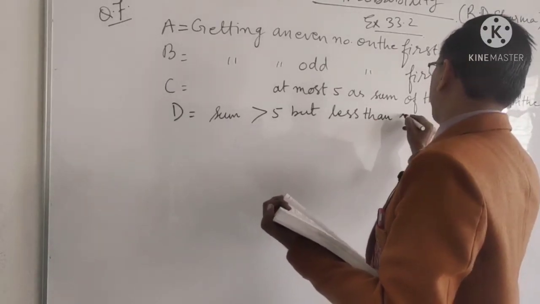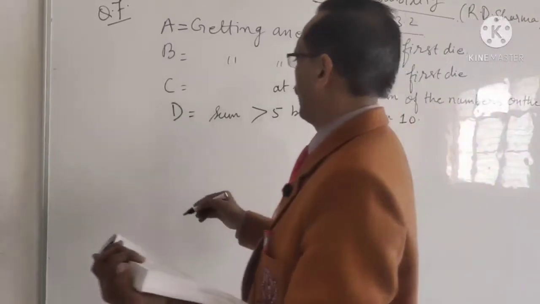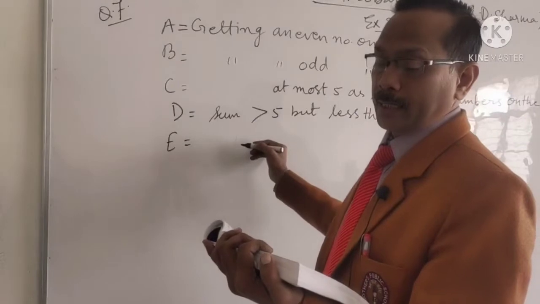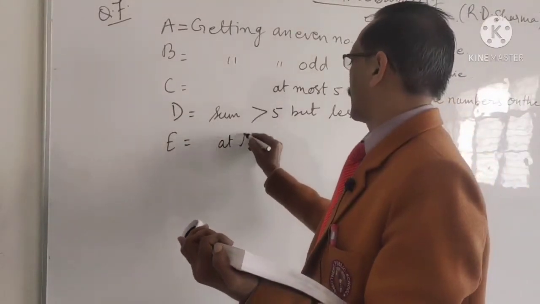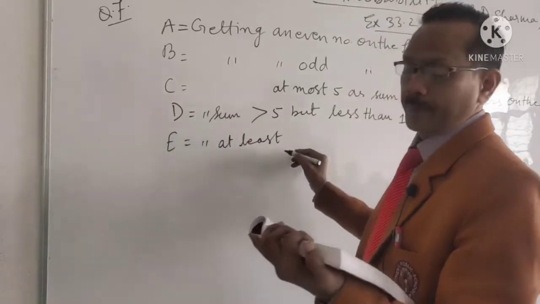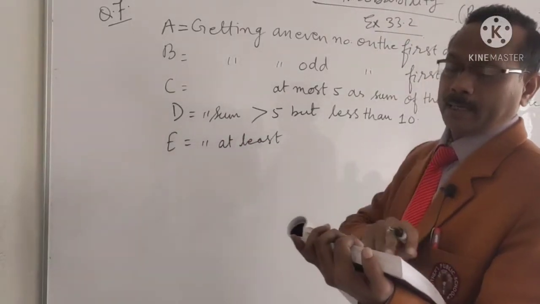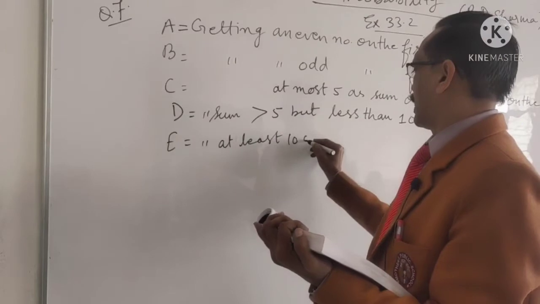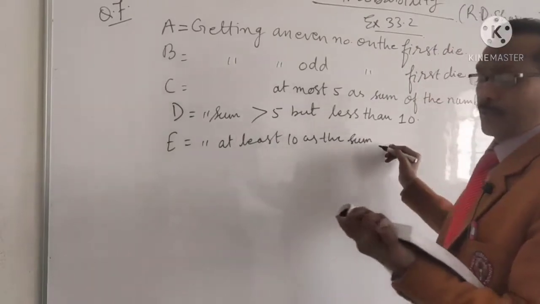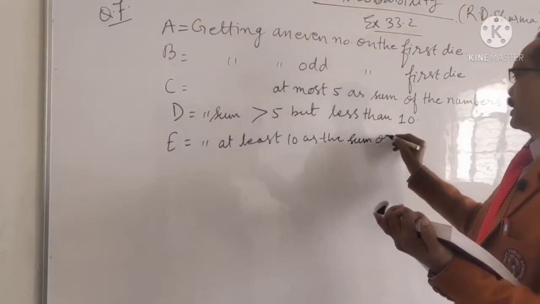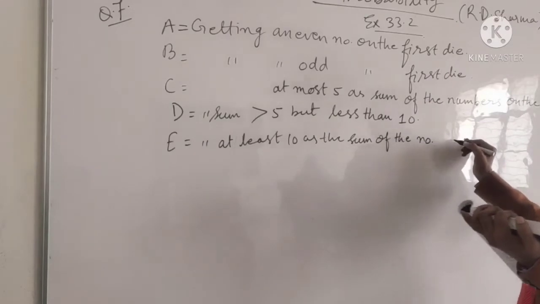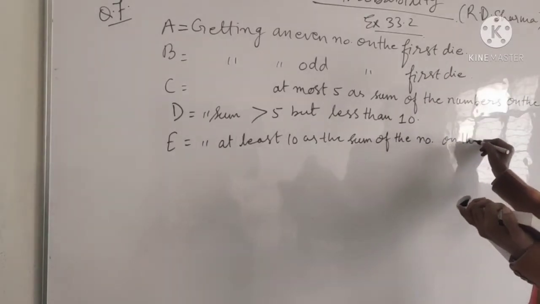E is the event getting at least 10 as the sum of the numbers on the dice.